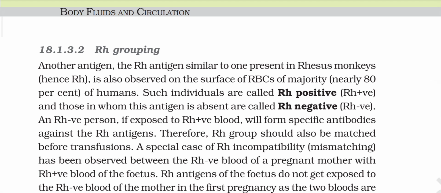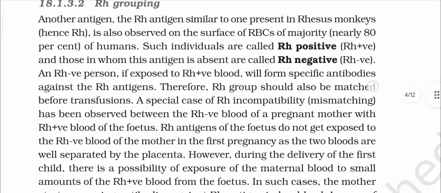And now we start with RH grouping. Point 18.1.3.2, another antigen: the RH antigen, similar to one present in rhesus monkey. Hence RH is also observed on the surface of RBCs of the majority, nearly 80% of humans.